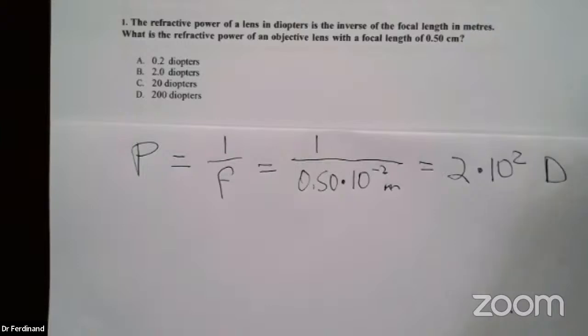But on the real exam, there are questions that are as simple as taking the inverse and changing units. A classic question with regards to that is frequency and the time period. So frequency of a wave, for example, and the period, they are inversely related.